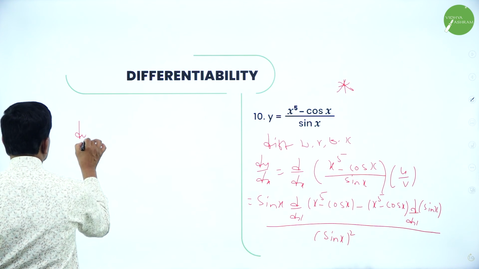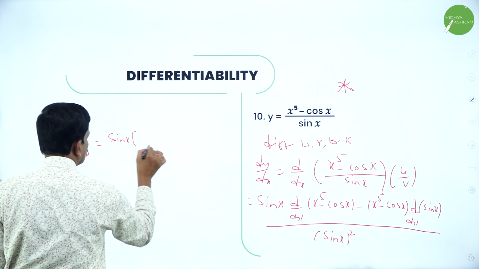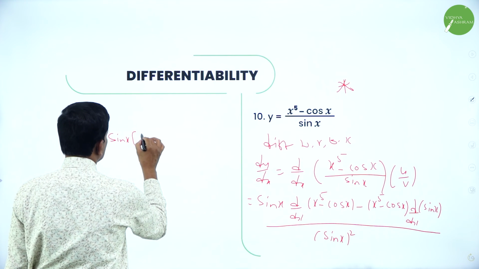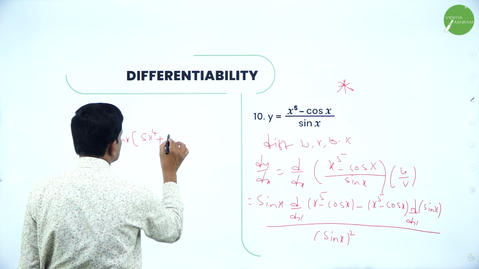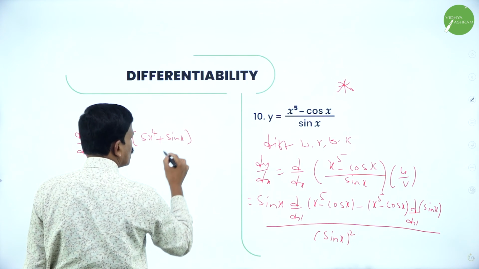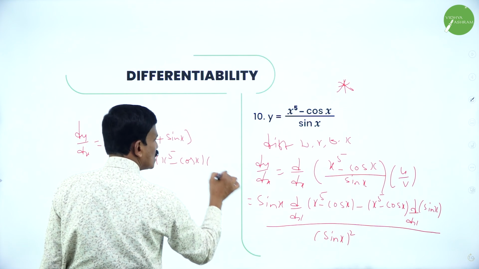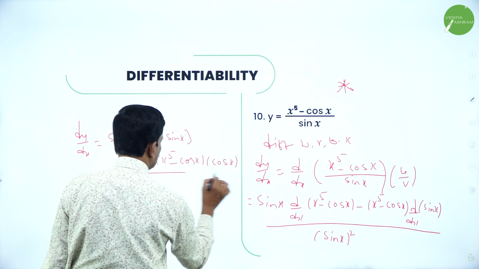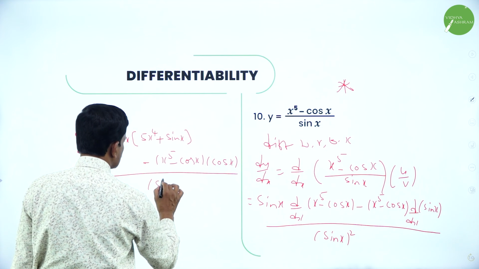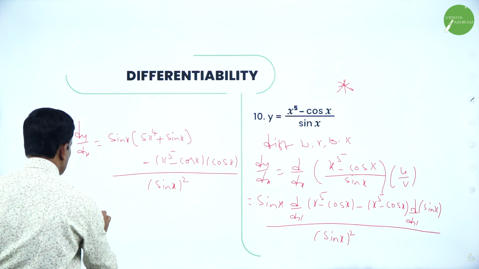So, dy by dx is equal to sin x into differentiation of x raised to 5, which is 5x raised to 4, minus derivative of cos x, which is minus sin x, minus into minus plus, minus x raised to 5 minus cos x as it is, and differentiation of sin x is again cos x, divided by the denominator sin x the whole square. So, if you want, you can multiply.